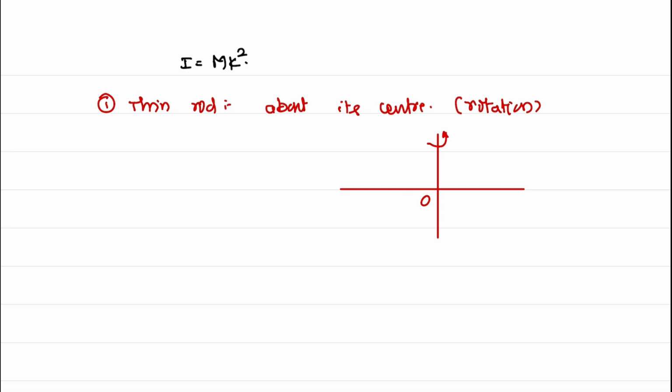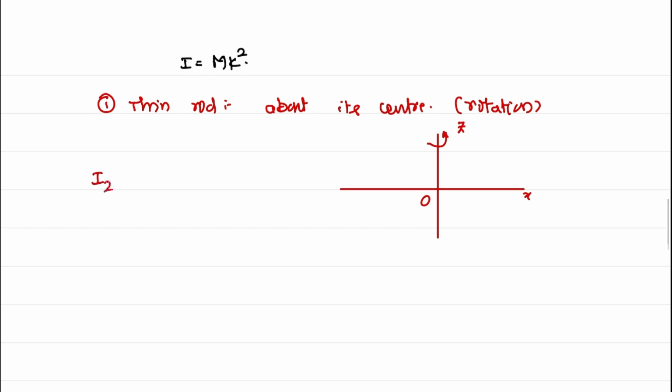When it is rotating about its center, what will be its moment of inertia? This is the z axis, perpendicular to xy. What is its moment of inertia about the center?